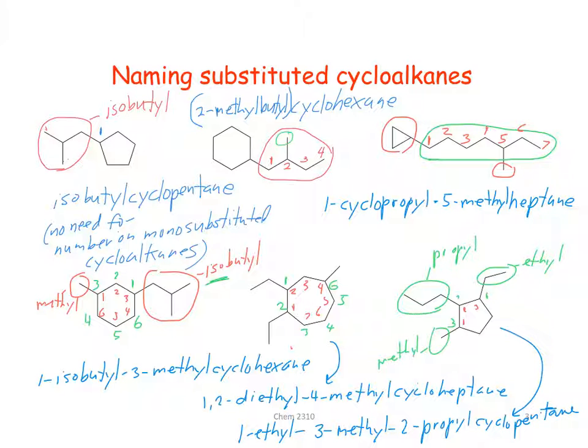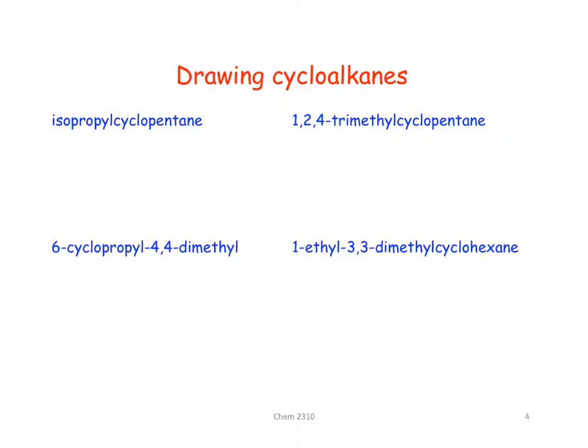Easy, straightforward. We're just building a little bit on. Let's do a couple of these in the reverse order. When we're looking at a name and drawing the structure, the first thing we want to do is look at the parent. Make sure you see that cyclo is out in front of pentane. So we have cyclopentane, a 5-membered ring, with an isopropyl attached to it.